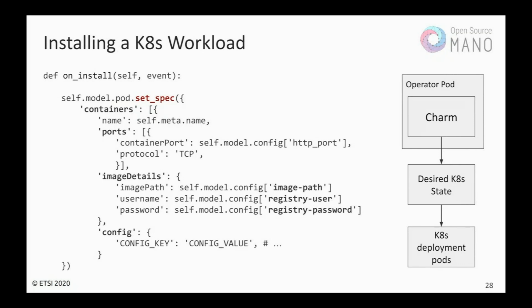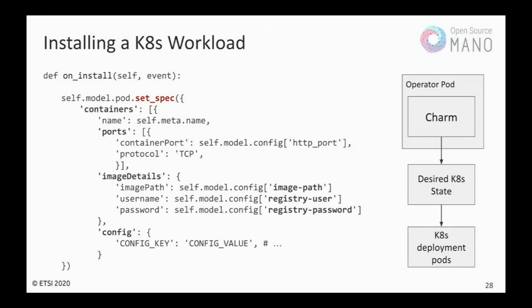So you don't do that by running your charm code in the workload pod. Rather, you tell Kubernetes that you need a deployment with these parameters, with this image, this amount of pods, and so on. And the charm effectively becomes a driver for the desired state in Kubernetes.